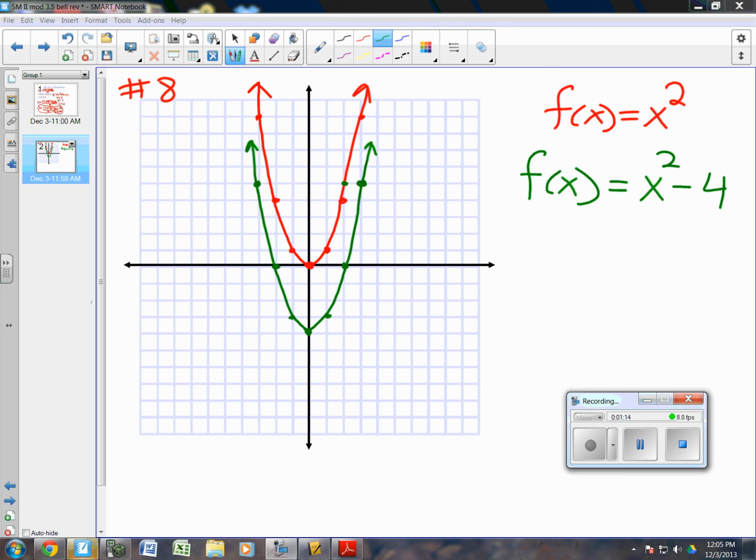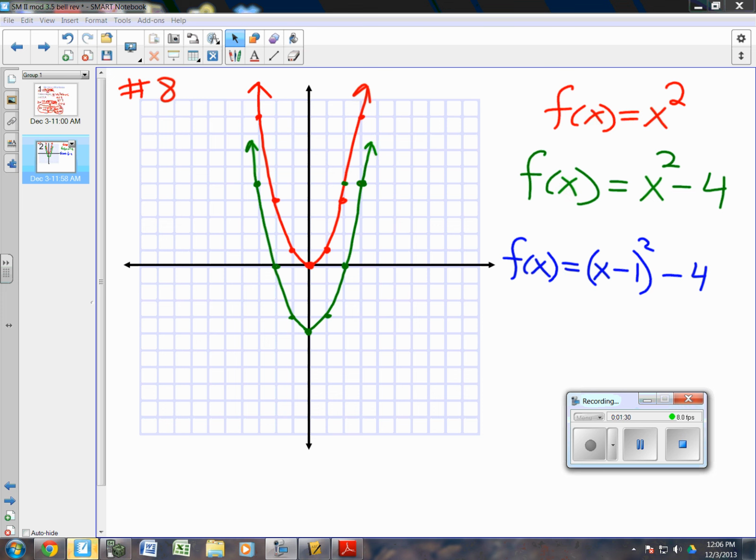Okay, and then the last one says to graph x minus 1 squared minus 4. So f of x equals x minus 1 quantity squared minus 4. How does that one move from the green one? It moves to the right one.